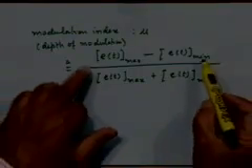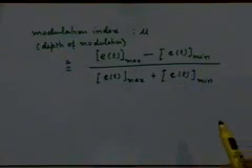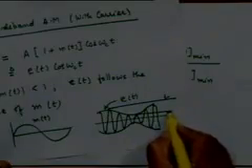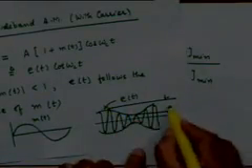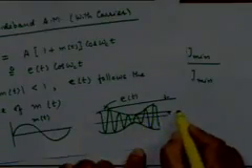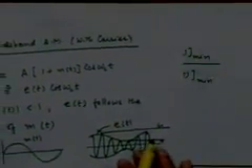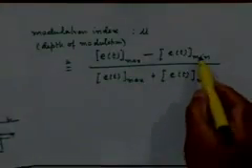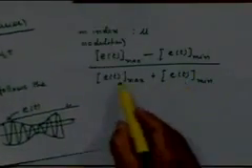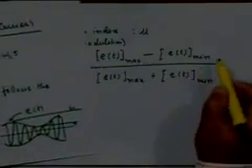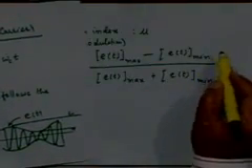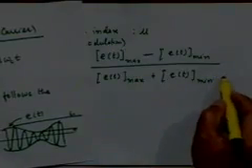As you can see, the numerator is the difference between these two values. This is the maximum value, this is the minimum value. You can think of this as divided by 2, and this also divided by 2.